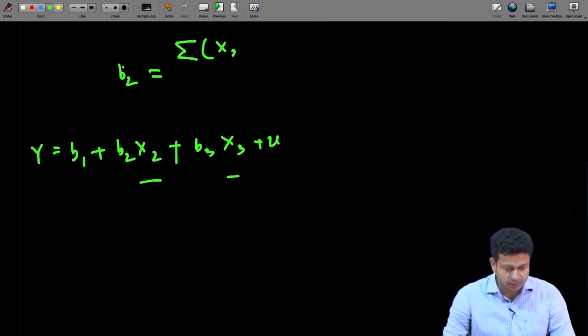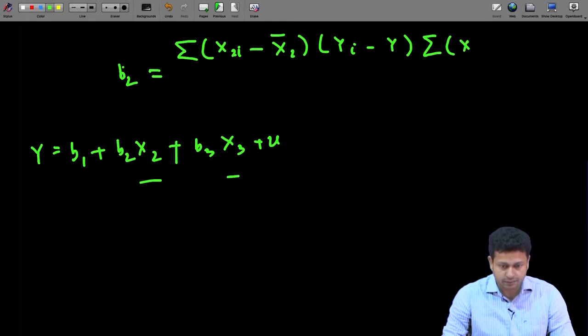If you do that, you get the summation of x2i minus x2 bar into yi minus y bar. I have not memorized it, and I don't recommend you memorize it. Neither do you have to solve this on your own.